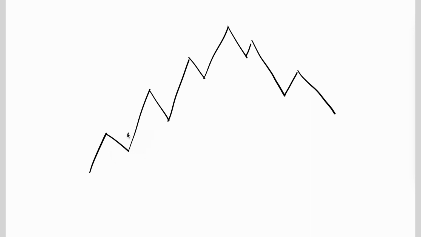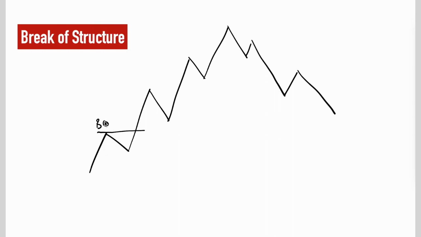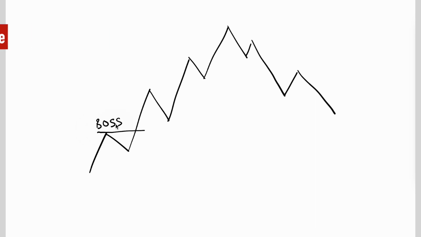The market broke this high level, this one. So this is called break of swing structure. Some people call it just BOS, but just for the sake of clarity, I'm calling it break of swing structure as of now. We have another break of swing structure over here.